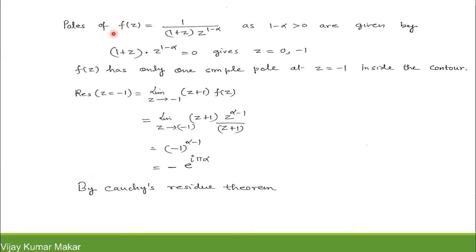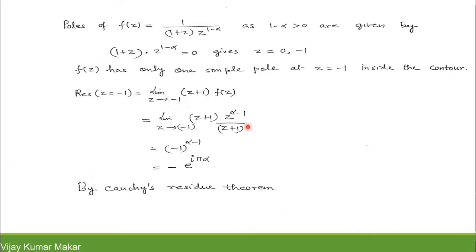First we find the poles of f(z). For this we put the denominator equal to 0. We get the values z equal to 0 and minus 1. z equal to 0 does not lie in the contour. Only one simple pole, z equal to minus 1, lies inside the contour. So first we find the residue at z equal to minus 1: limit z tends to minus 1 of (z plus 1) f(z).